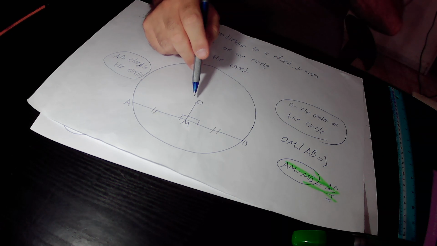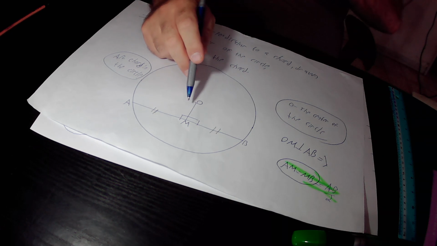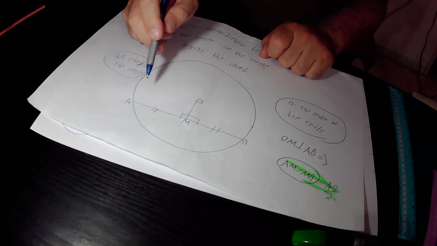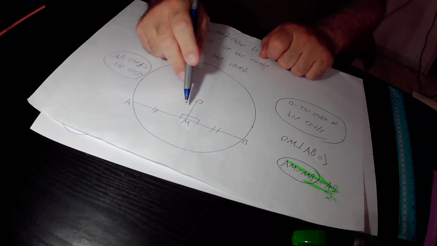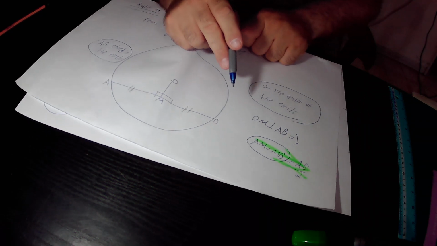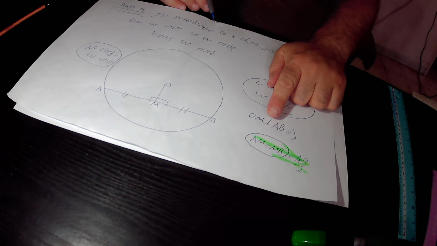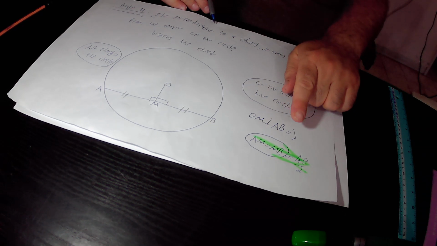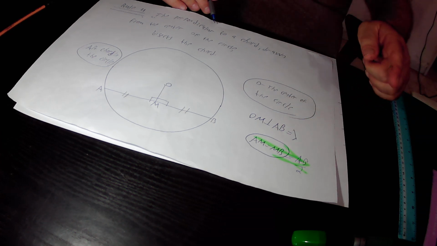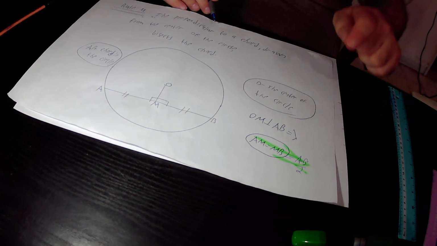That is, perpendicular OM divides chord AB into two halves, each half equal to AB over 2. So the first half AM equals AB over 2, and the second half MB also equals AB over 2. So AM equals MB equals AB over 2.